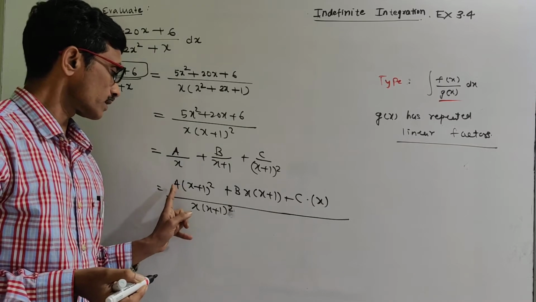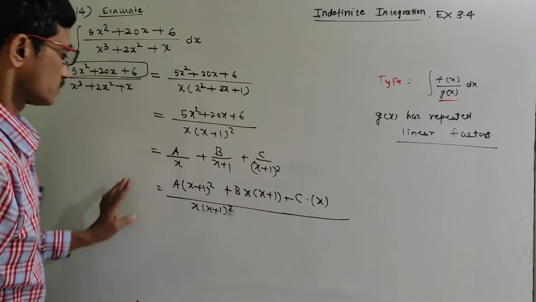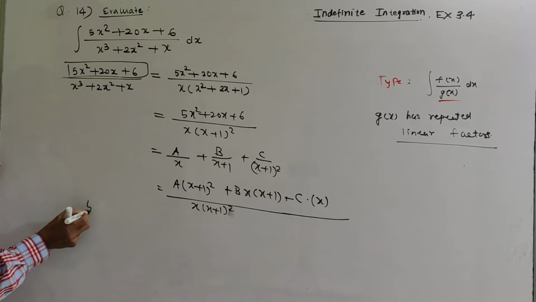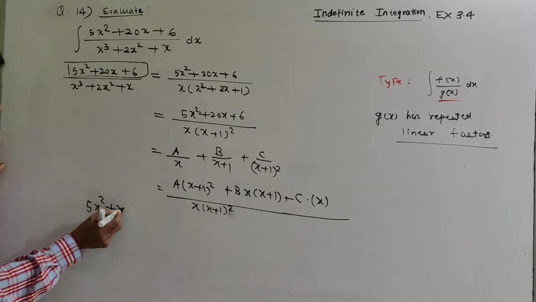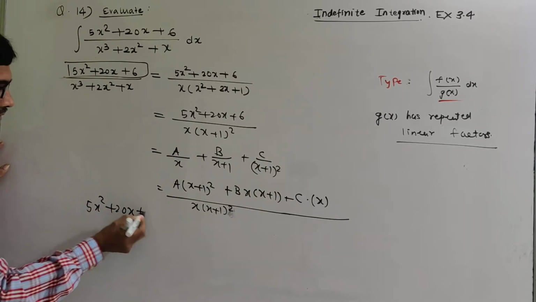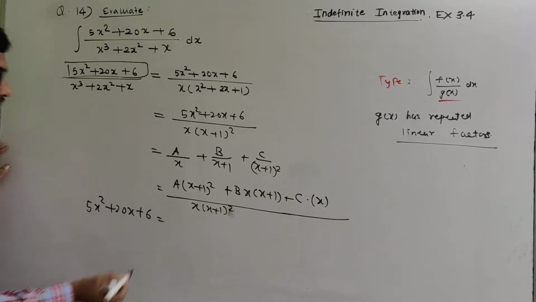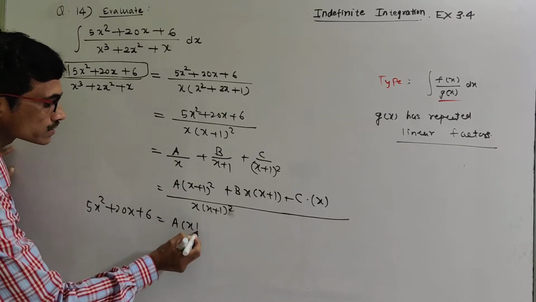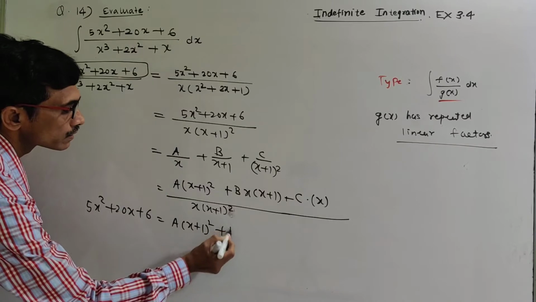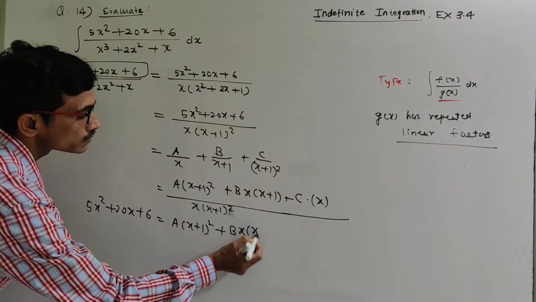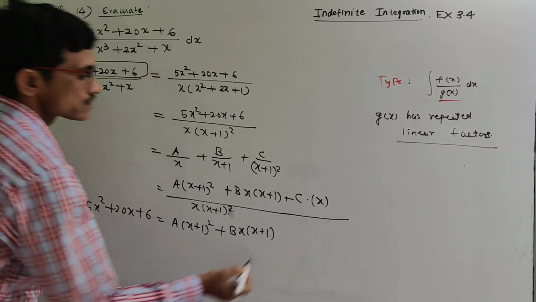Right hand side का numerator है A into this, so we equate them. 5x square + 20x + 6 is equal to A into (x + 1) whole square + B x (x + 1) + C into x.